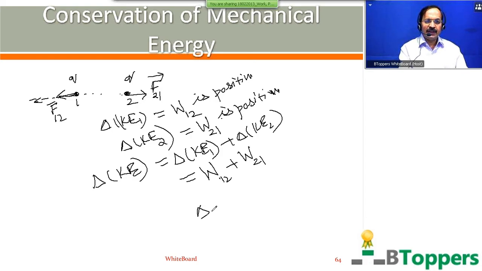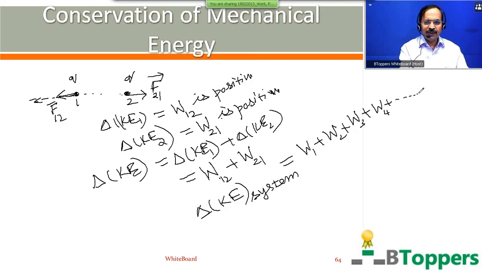So in the general case, when talking about the work energy theorem for a system of particles, the change in the kinetic energy of the system of particles is equal to the total work done by all the forces, including external forces and internal forces, on the system.